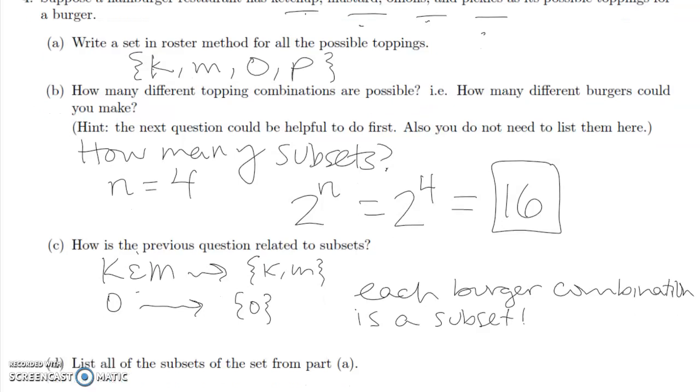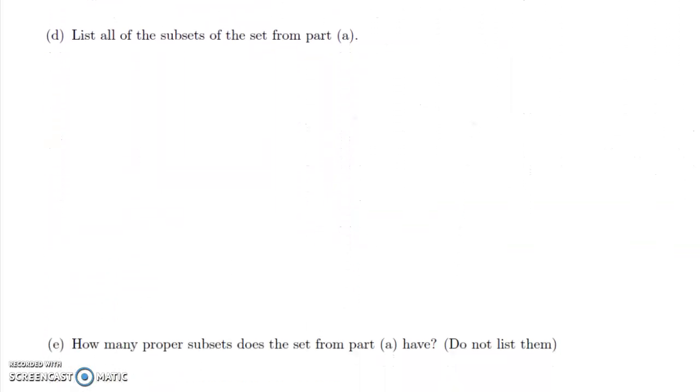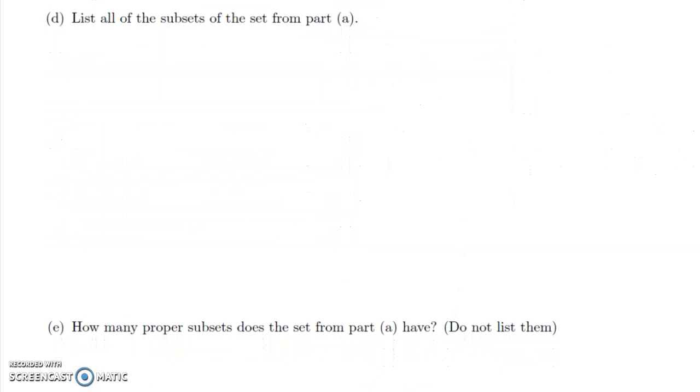Now in this next part, what we want to take a look at is how can we actually list all of those subsets from part A. So remember, a nice way to do this is to split it up by how many elements are in our subsets. So we can have ones with 0 elements. Now the set containing 0 elements is the empty set.